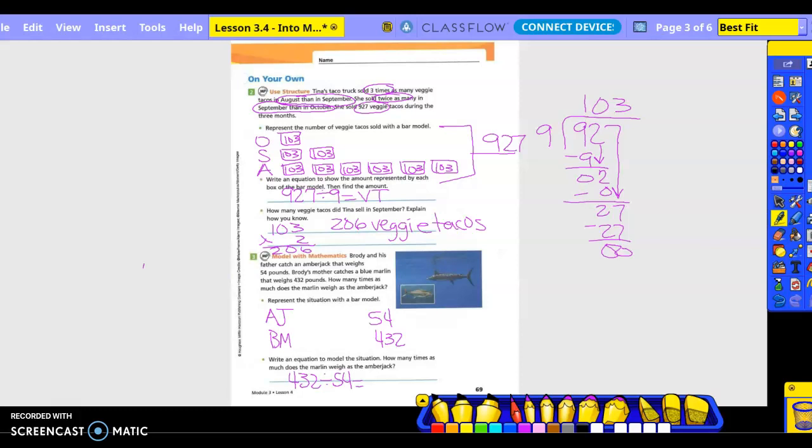Okay, so 432 divided by 54. Okay, 54 into 4? Nope. 43? Nope. What can we round 54 to? About 50, right? How many times does that go into 400? Okay, so we figured out 8 times, and we went ahead and multiplied it out, and so it weighs about 8 times more.